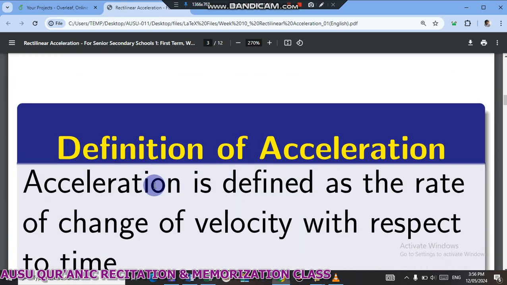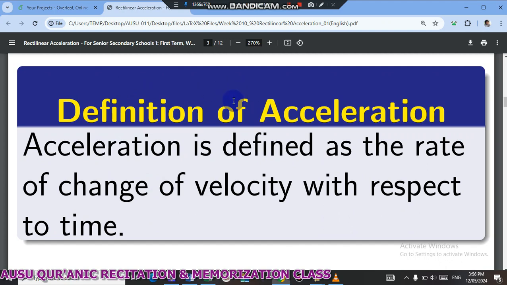Now, without any delay, let us look at the definition of acceleration. In the language of physics, acceleration is defined as the rate of change of velocity with respect to time. This means, point number one, if an object's velocity is not changing, you don't have acceleration, or the acceleration is zero.